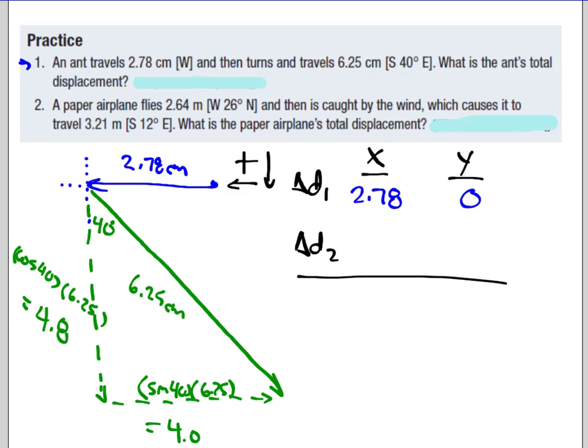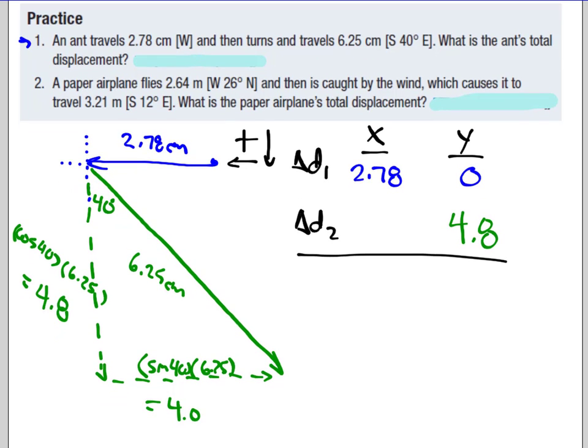So now if I look at this convention, down is 4.8, and it's positive because I matched up with my convention. And now I'm going to the right here, so this 4 that's going horizontally on the bottom, maybe I better scroll that up a little bit, it will be negative. Okay, and now we can sum those columns. So we have 2.78 minus 4, we're left with negative 1.22.